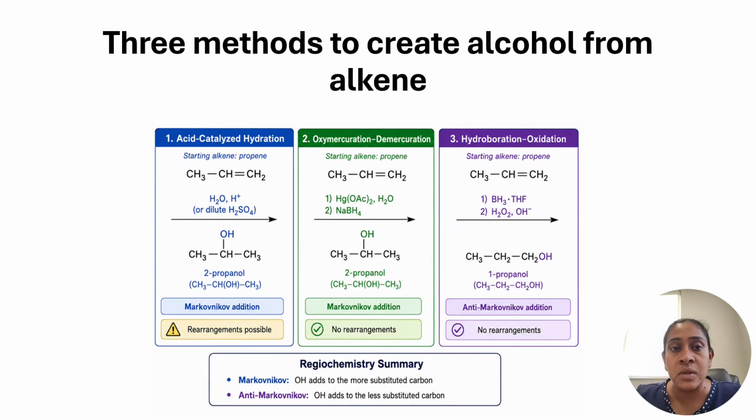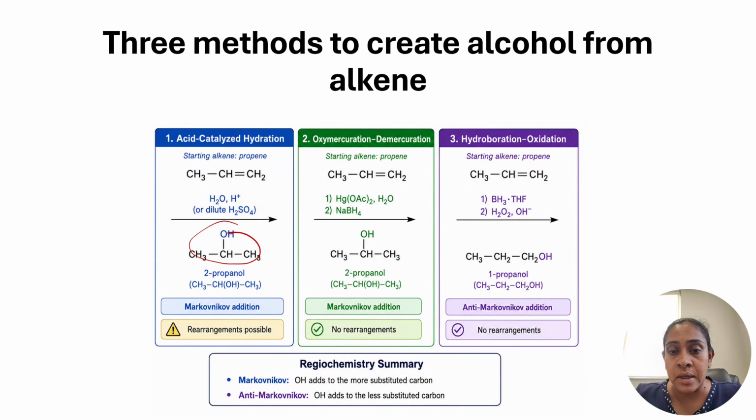The reaction follows the Markovnikov rule, meaning the hydroxyl group, or the OH, is added to the more substituted carbon of the double bond. For example, hydration of propene produces 2-propanol. Because this reaction proceeds through a carbocation intermediate, carbocation rearrangements are possible.